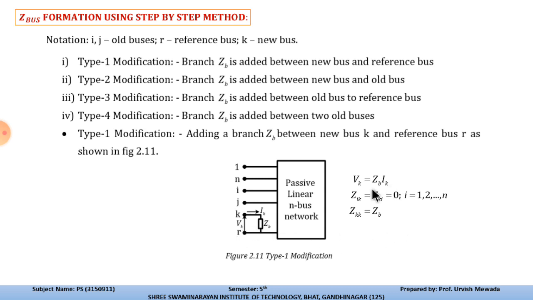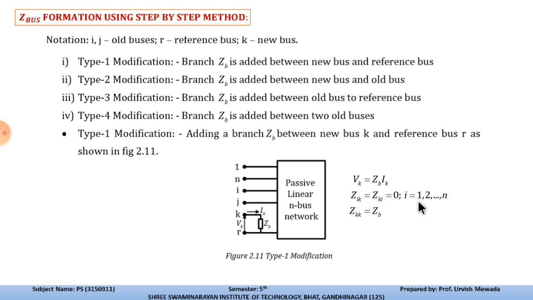The voltage across K and R is VK. If we want to write the equation of VK, then V is nothing but R into I. R of the circuit is ZB, and I of the circuit is IK, so VK is equal to ZB into IK. And from the I bus to the kth bus, ZIK will become ZKI, the reciprocal of both the impedances, so ZIK is equal to ZKI, which is 0.